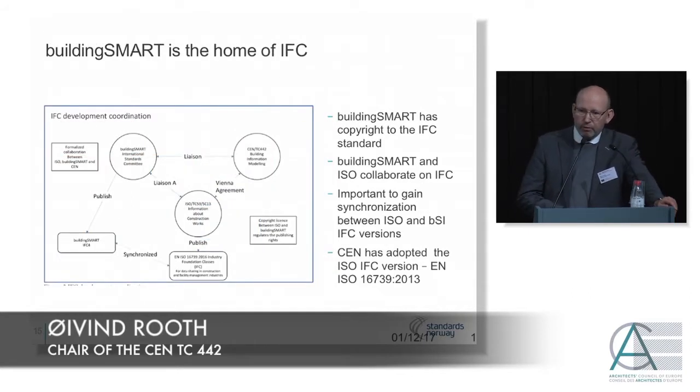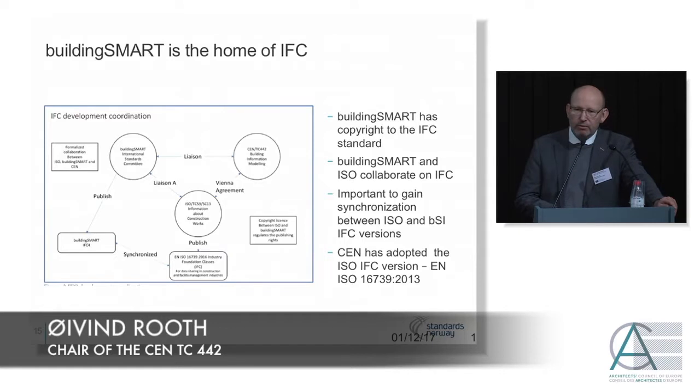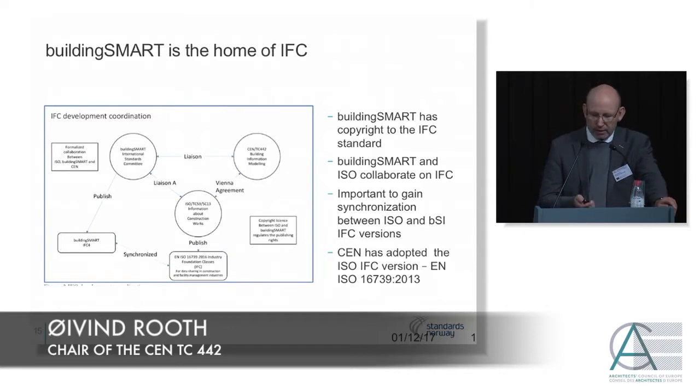This one here is important to understand, because this is about the ownership and the relationship. In the core standard, we build everything around on the technical side. It's the IFC standard, which I told you was now an EN standard. But this standard is owned by Building Smart International.